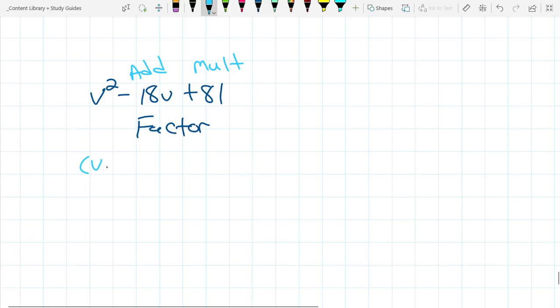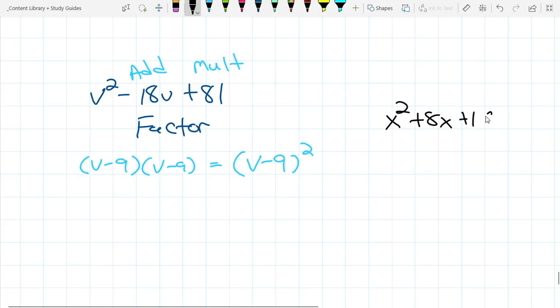That would be a v minus 9 and a v minus 9, which we write as v minus 9 squared. If you look at the other one we did, which was x squared plus 8x plus 16, and we go, well, what adds to give you 8 and multiplies to give you a 16? That's a 4 and another 4, which we write as x plus 4 squared.